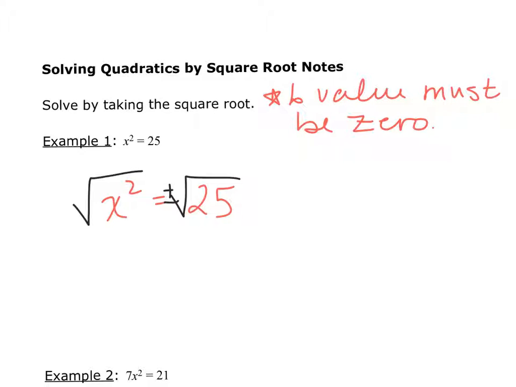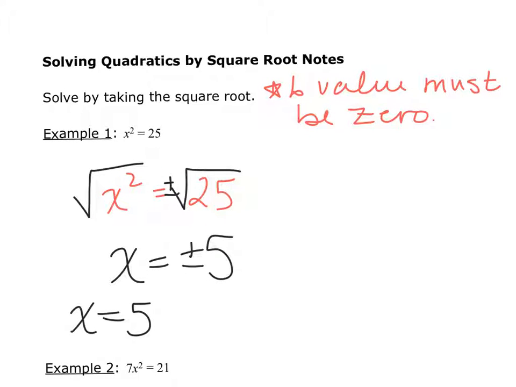All right, so the square root of x squared is x equals, we have plus or minus, what's the square root of 25? 5. And that works because when x equals 5, well, 5 squared is 25, right? And when x equals negative 5, negative 5 times negative 5 is also positive 25, right?